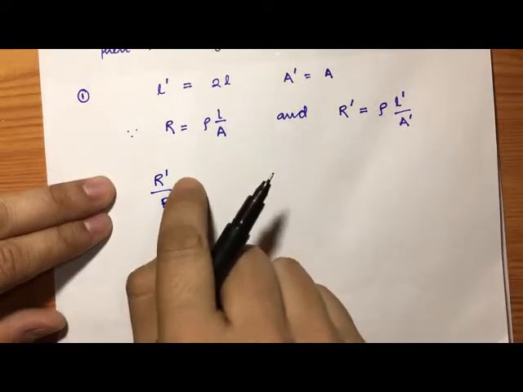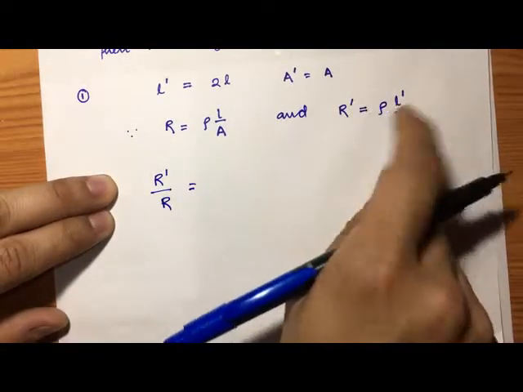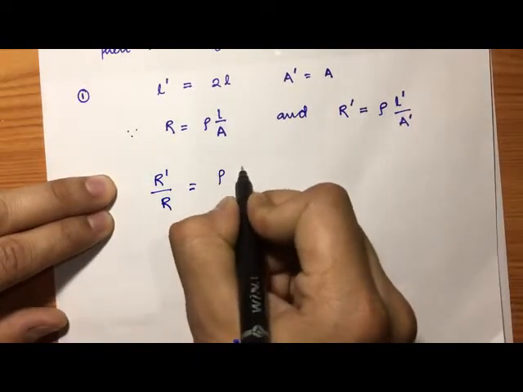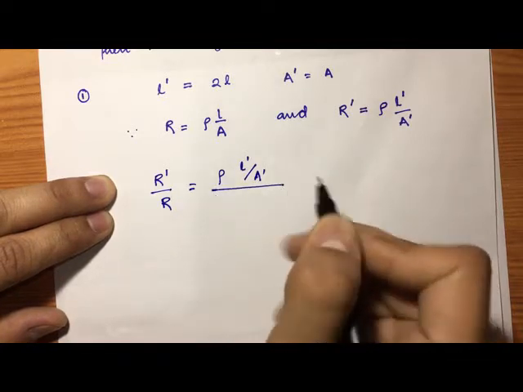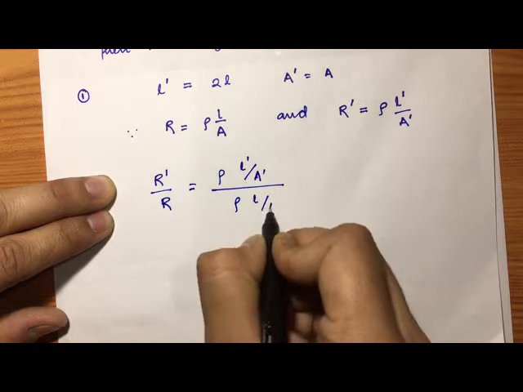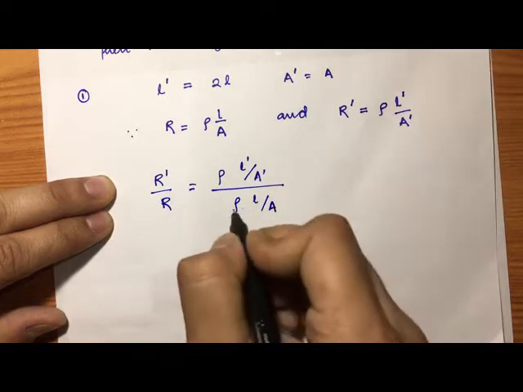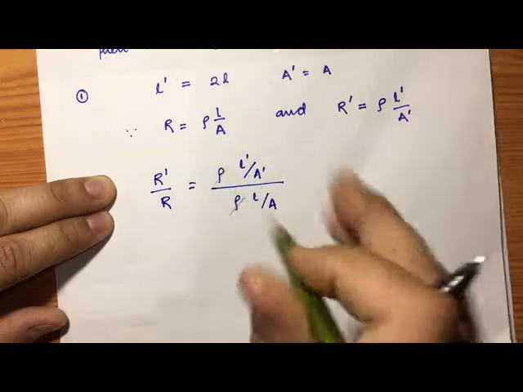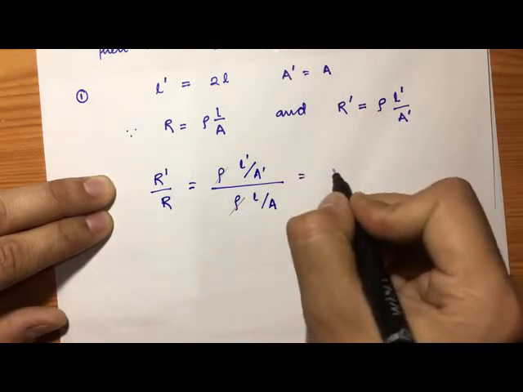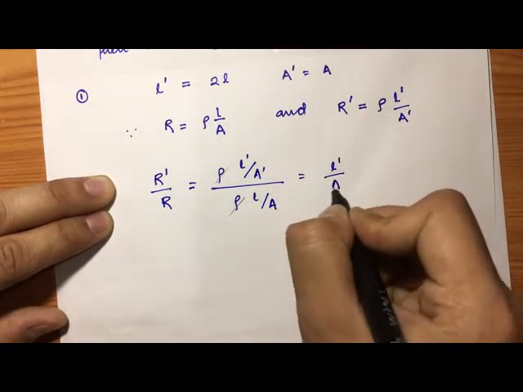In place of R prime, I will keep this value, rho times L prime divided by A prime whole divided by rho times L divided by A. This rho and this rho will be getting cancelled. I will be remaining with L prime by A prime.